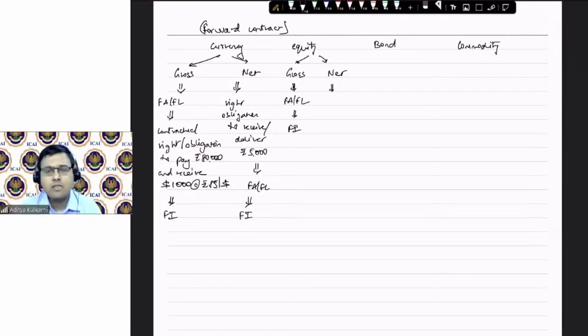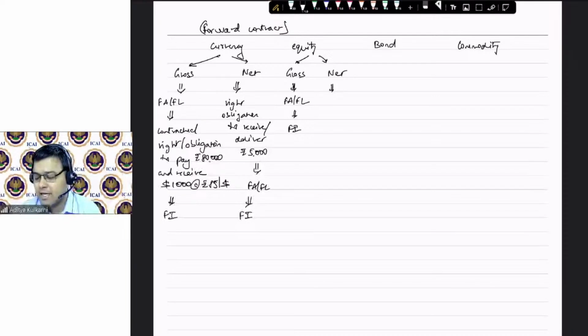Obviously, because the 500 rupees is a financial asset for the receiver, who has a contractual right to receive 500. For the counterparty, it is a financial liability because there is an obligation to deliver rupees 500.